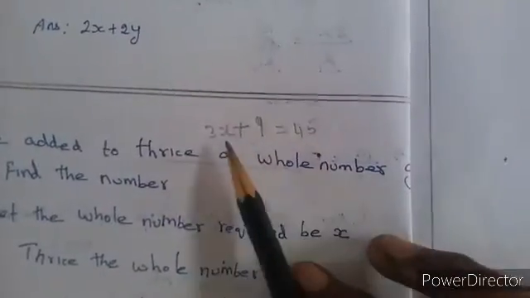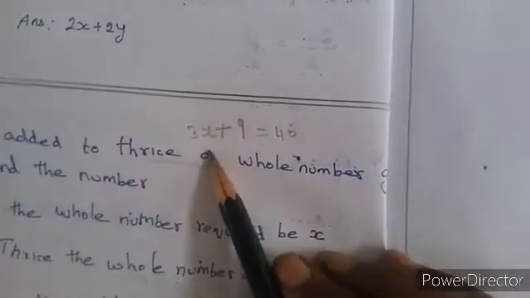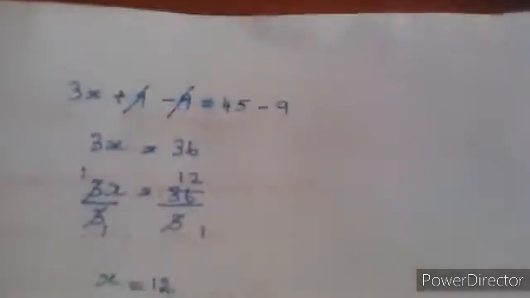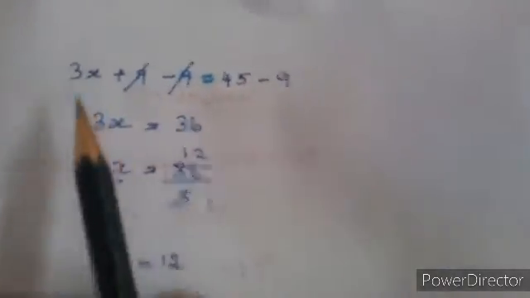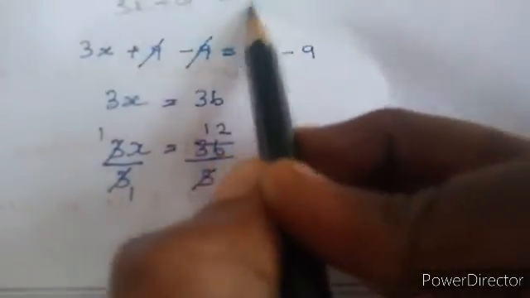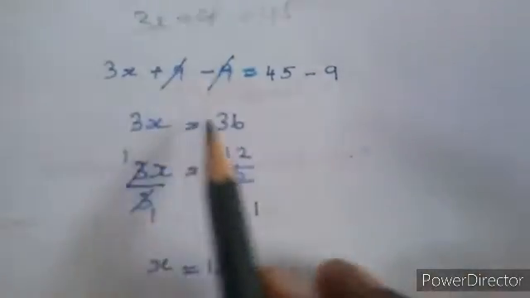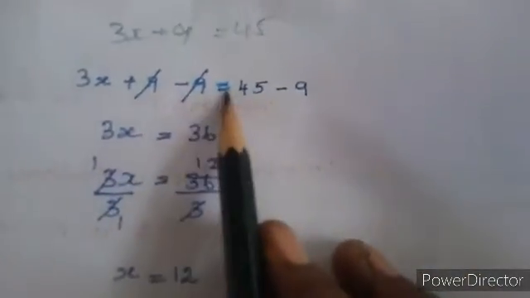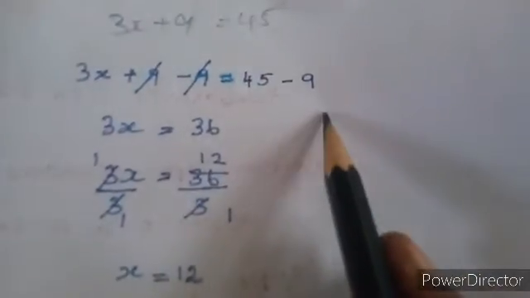So this is the algebraic statement, and then we have to find the value by equating the constant number on both sides. So 3x plus 9 equal to 45. Plus 9 is there, so minus 9 on both sides: 45 minus 9.